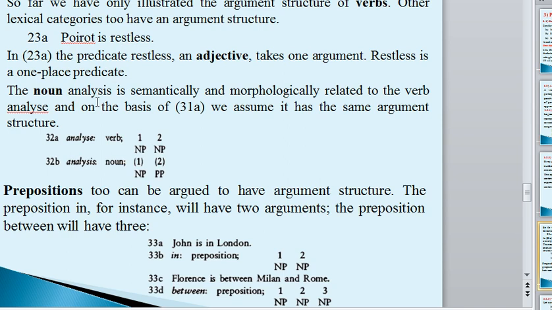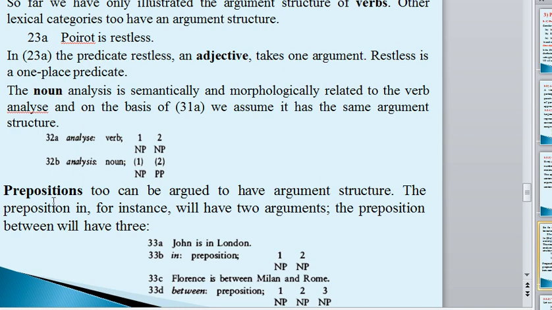The noun analysis is semantically and morphologically related to the verb analyze. So look at this example. Analyze is a kind of verb. It needs 2 kinds of argument, the subject and the direct object. The noun analysis, like the verb analyze, again needs 2 kinds of arguments. Okay, you see here NP, PP. So maybe the noun also needs arguments like the verb.